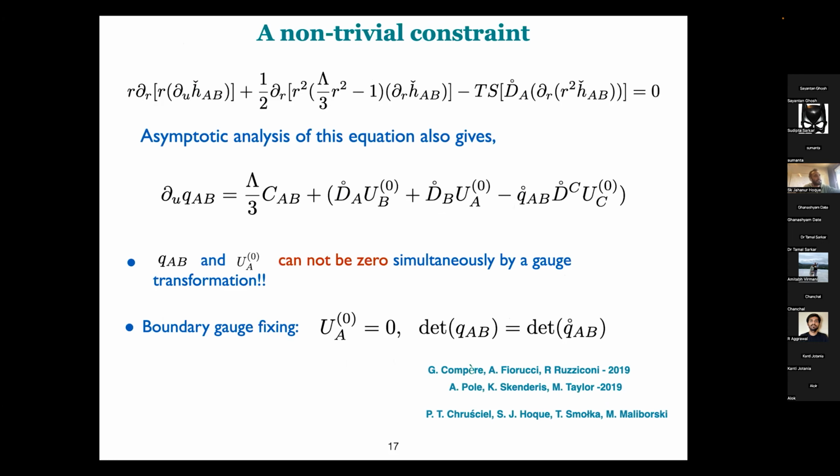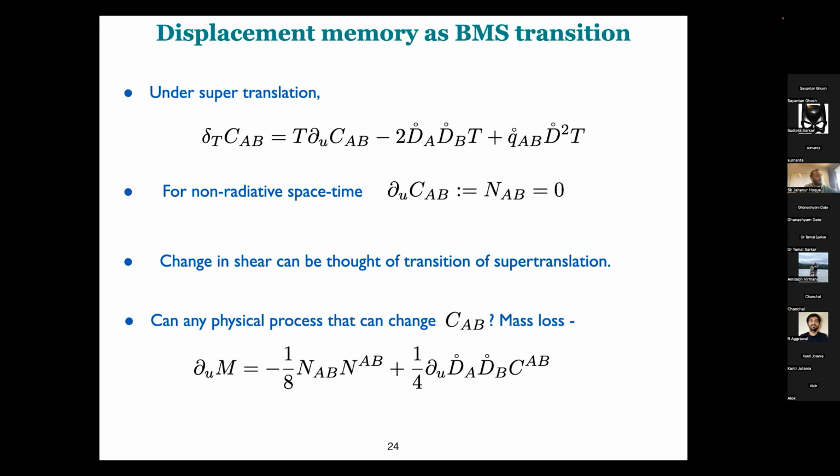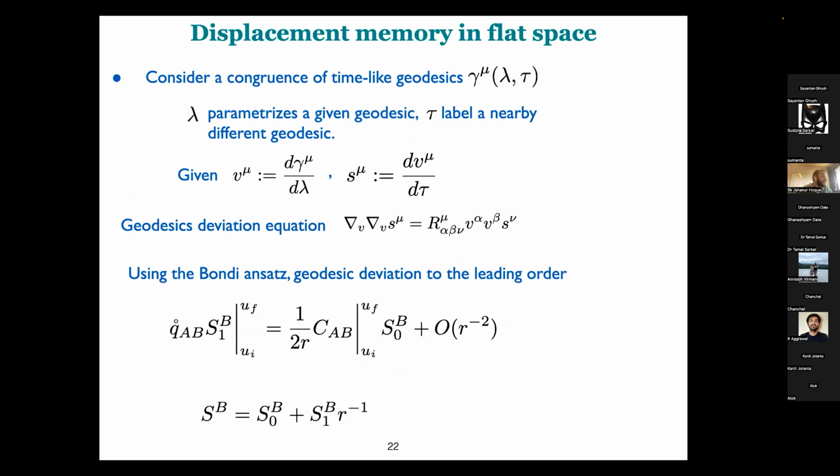So this basically says that if there is a gravitating source, it emits gravitational waves, which is related to the news squared. If you integrate this equation, you get CAB initial and CAB final, but you need to integrate this last equation to get my delta CAB, which relates to the memory effect.